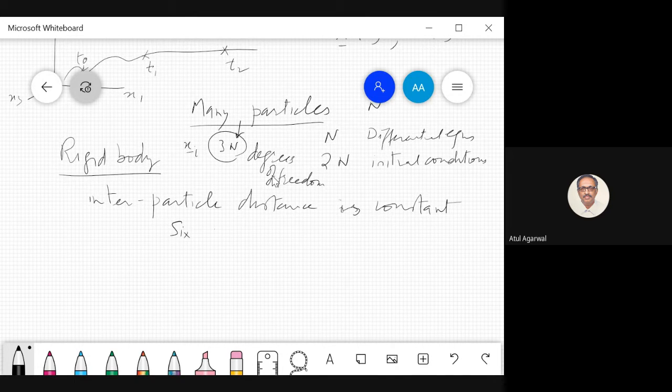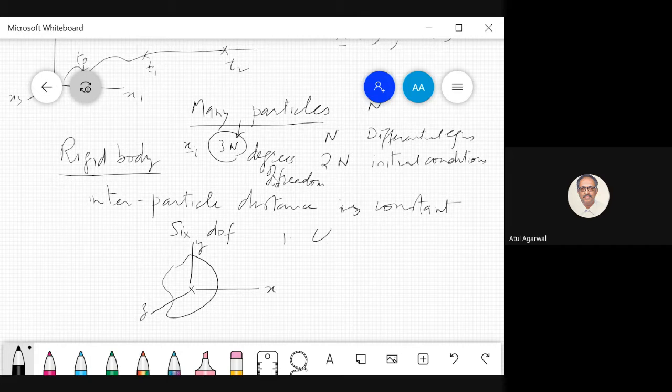What are those 6 degrees of freedom for a rigid body? Suppose you have a rigid body. You take any arbitrary point on the body. Through that arbitrary point, you can pass a coordinate system. So this is your coordinate system.